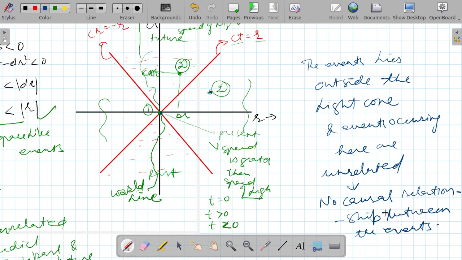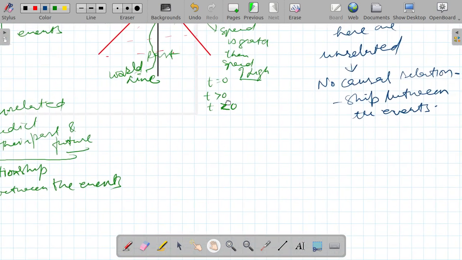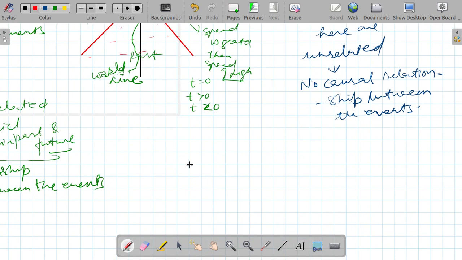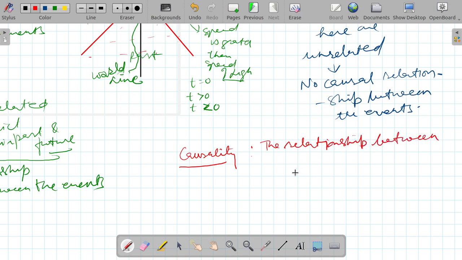Right? What is the meaning of causality? Because here I am talking about causality. So let me give the dictionary meaning of causal or causality. Causality means the relationship between cause and effect.